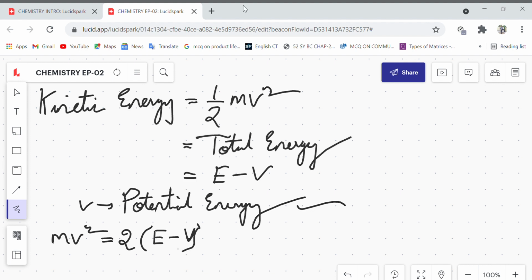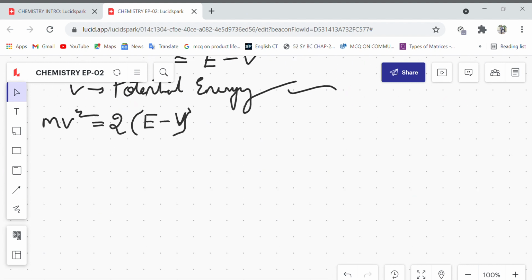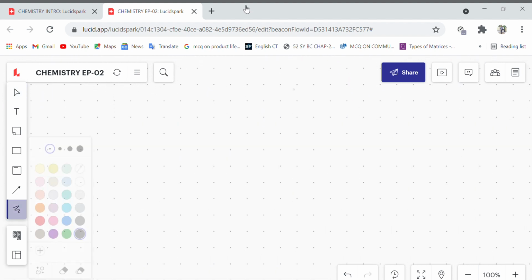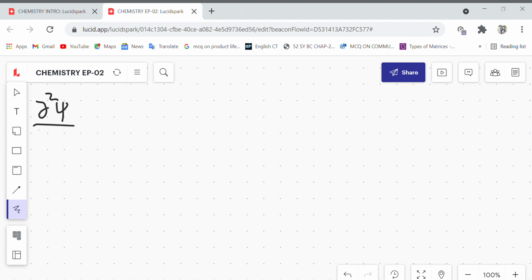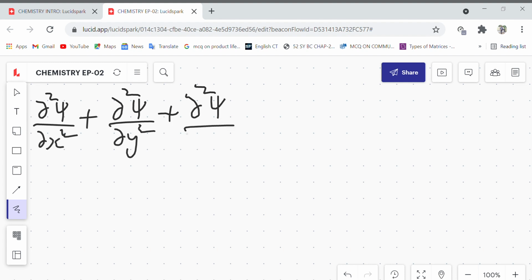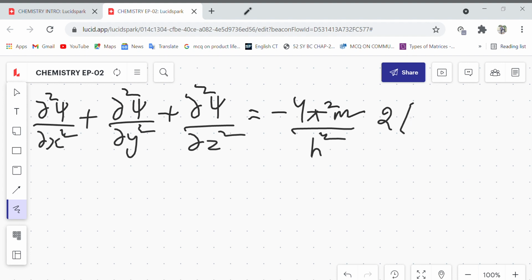So then what will be the equation, can anyone guess? Equation will be dou square psi by dou x square plus dou square psi by dou y square plus dou square psi by dou z square equal to minus 4 pi square m by h square, 2 bracket E minus V, whole into psi.